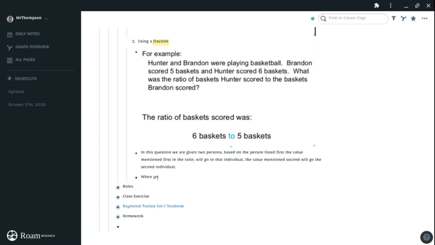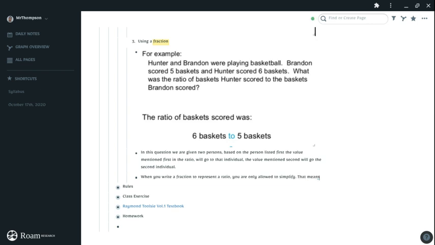When you write a fraction to represent a ratio, everybody have that? You are only allowed to simplify.